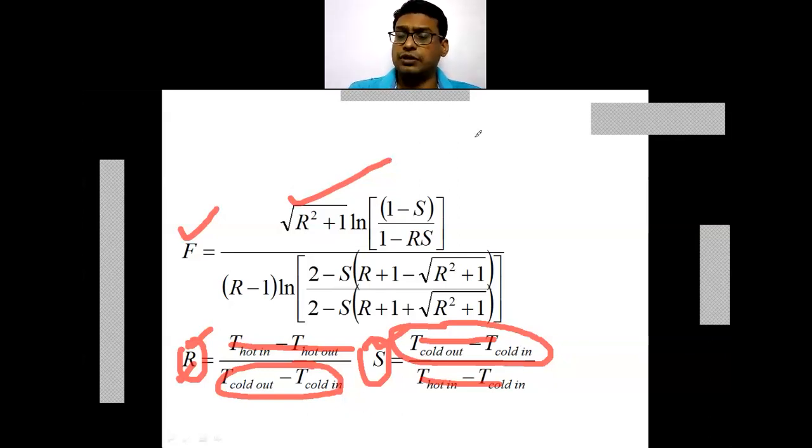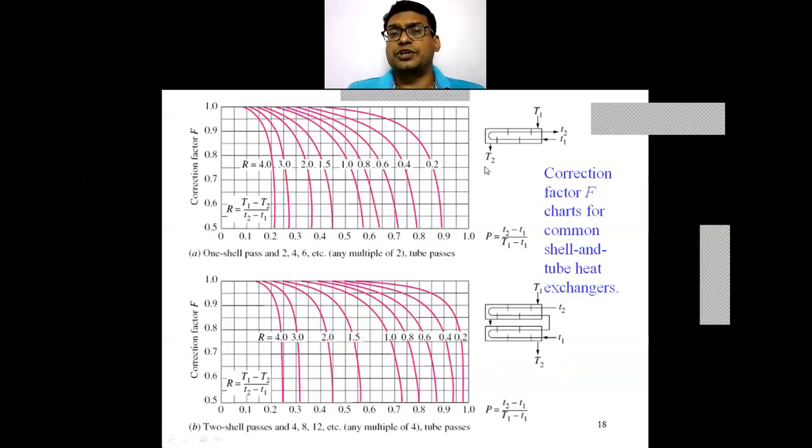There is also a second option, to refer to the standard graphs available to find the correction factor. Now it depends on the number of passes. This one is for 2 passes on the tube side. Now this is the second figure relating to 4 passes on the tube side. So this is 1 shell pass and 2, 4, 6, etc. tube passes.